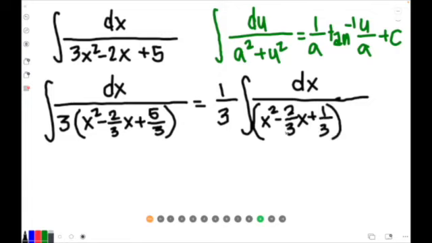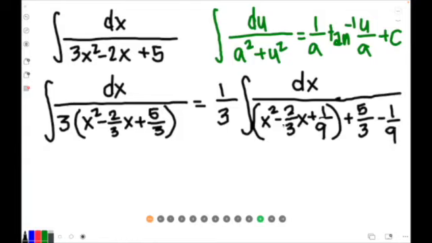Since we added 1/3, we also need to subtract 1/3 so that we won't change the equation. I'm sorry, this should be 1/3 squared, so this is 1/9. Let me erase that. This is 1/9. So let me write 9 in there. Since this is 1/9, we also need to subtract 1/9 from it.